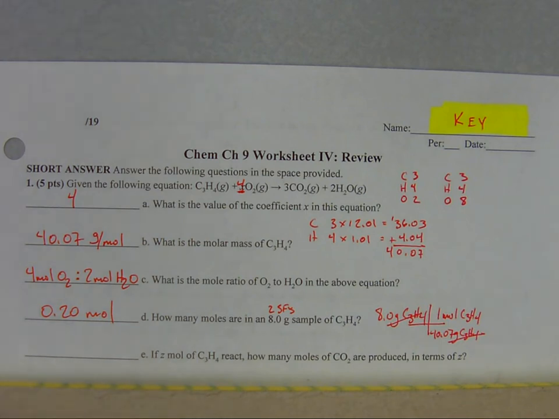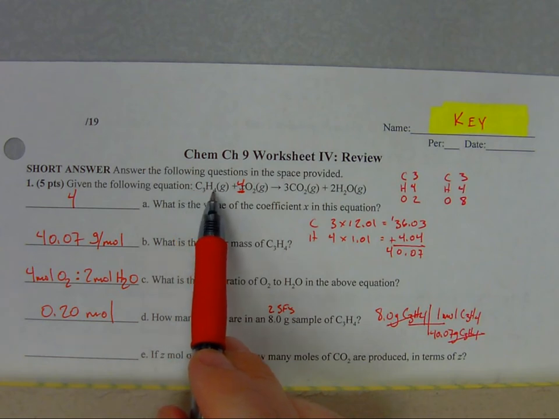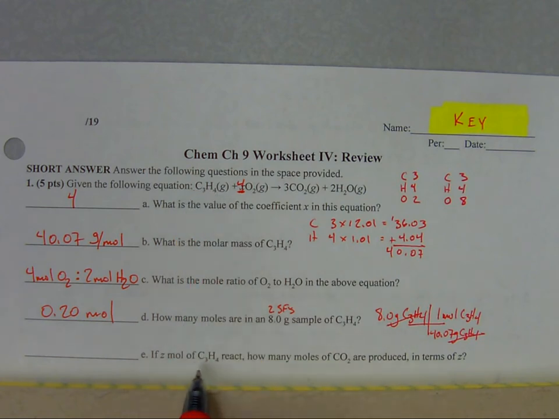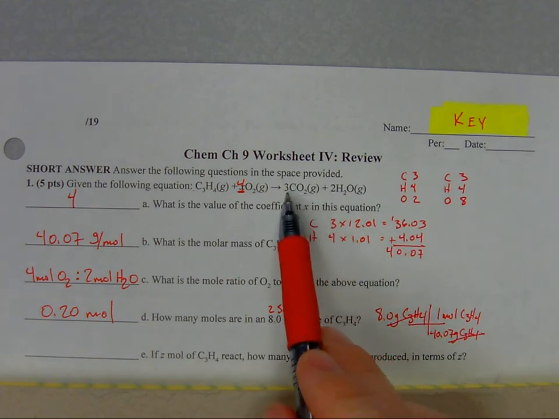In part E, if Z moles, it's an unknown. If Z moles of C3H4 react, how many moles of CO2 are produced in terms of Z? Now we know that for every 1 mole of C3H4 that reacts, we're going to generate 3 moles of CO2.